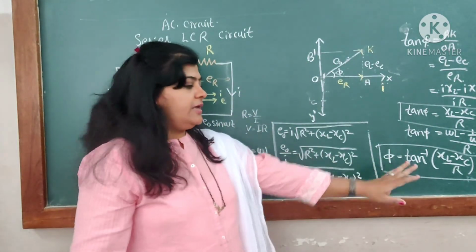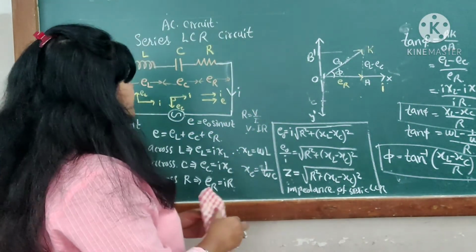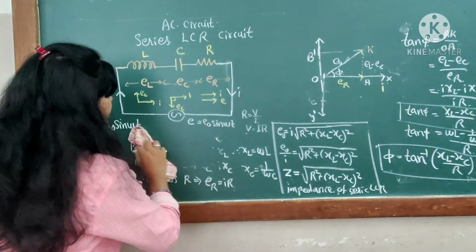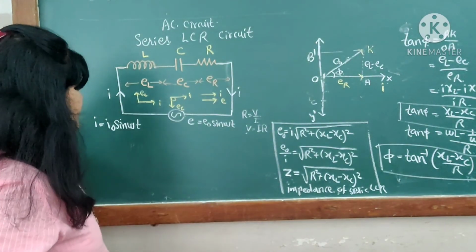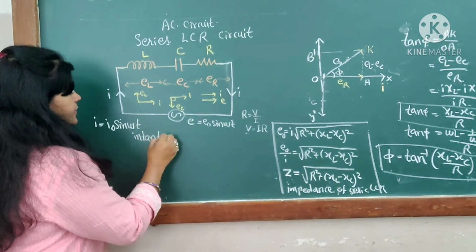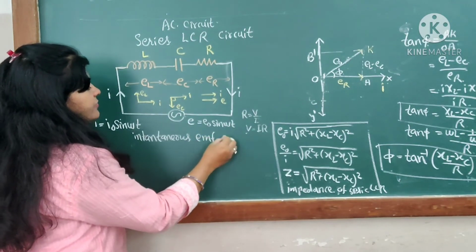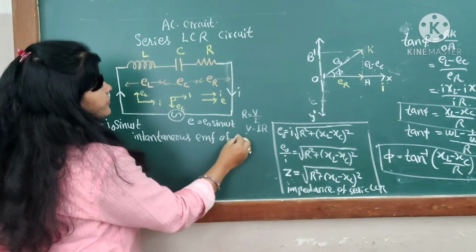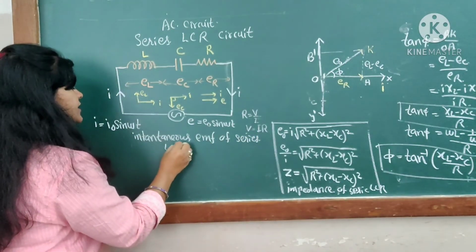Now we are writing the two formulas for the EMF and the current of the series LCR circuit.